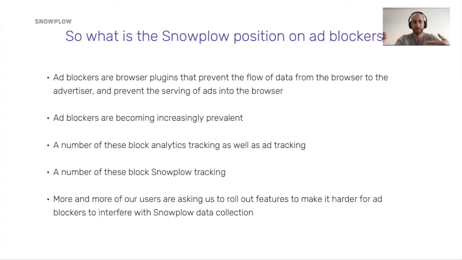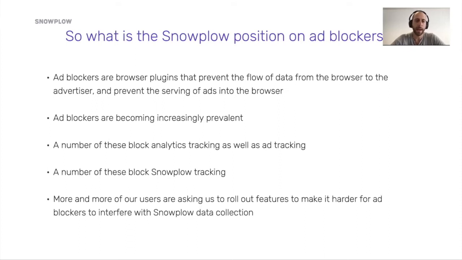So they're interfering with the flow of data in one direction and the flow of advertising in another direction in the browser. Ad blockers are becoming very, very prevalent. They're not a niche technology anymore used by a group of particularly nerdy developers when they're browsing the internet. They're really becoming quite commonplace.